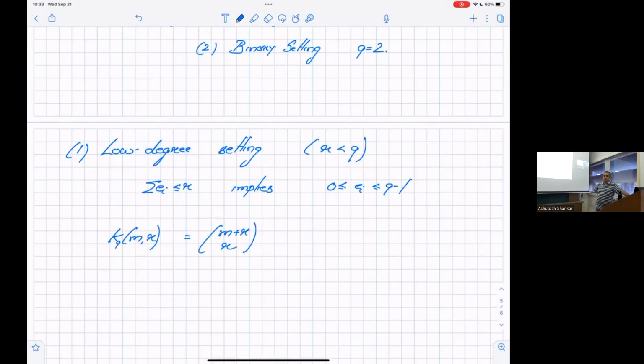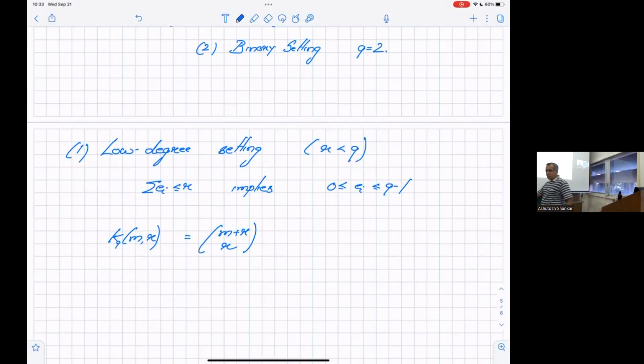Do you see that? With this ball argument, you put M sticks and R stones. You arrange them on a line. How many ways of doing them? Basically, M plus R choose R, and the first R things tell you what you want.